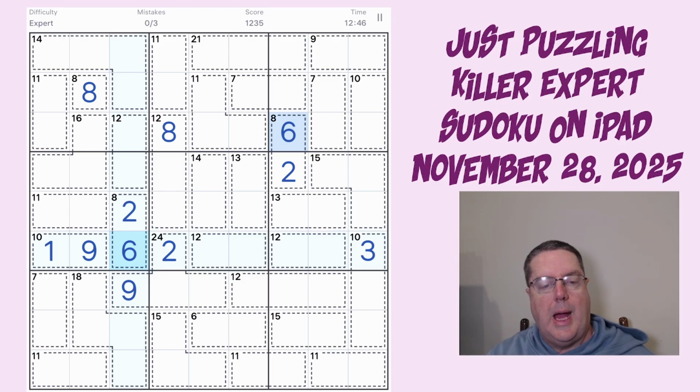Right, so 8 is going to be here somewhere. 8. Well, that can't be, well, it can be 8, 5 and 3. Okay. So we have a 5 and 7, or a 4 and 8, 5 and 7.